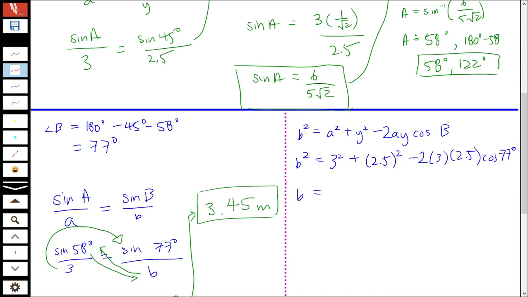And I'm going to root that number. And I get the exact same number. After I root it, I get 3.45 meters. So I got 3.446, but once you round, you get 3.45. So it doesn't matter whether you use sine law or cosine law. The length of B is still 3.45.